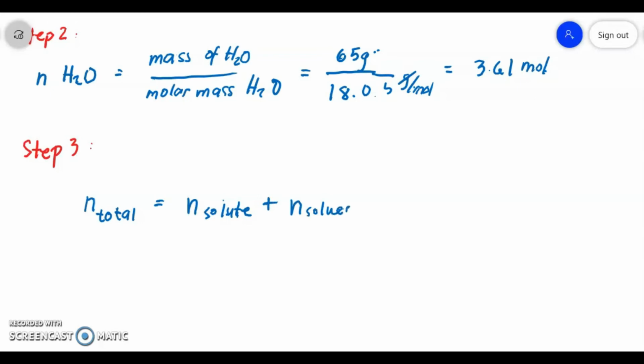We have 0.0088 plus 3.61, so we have 3.62 moles.